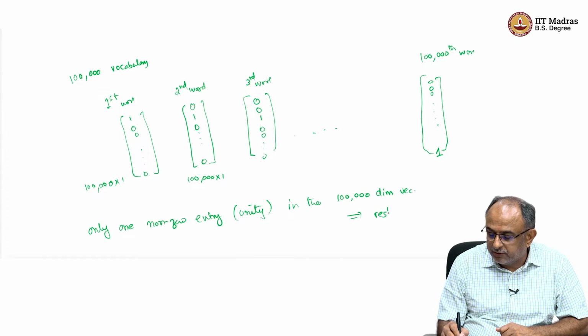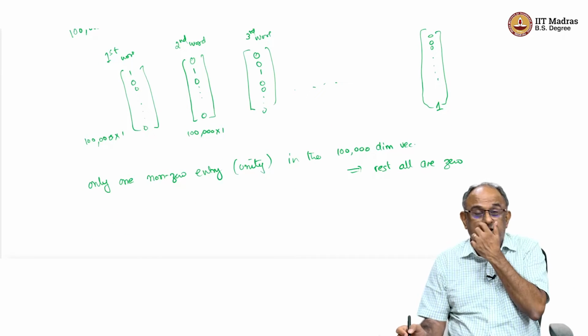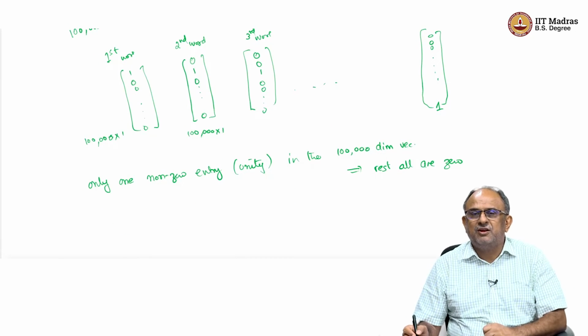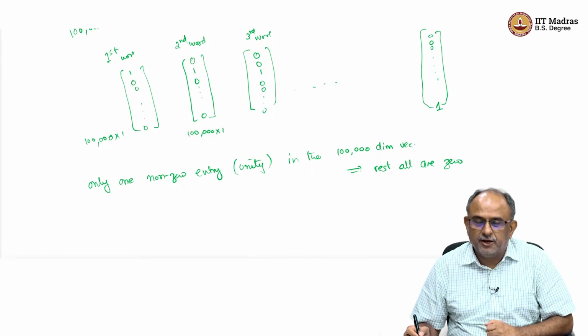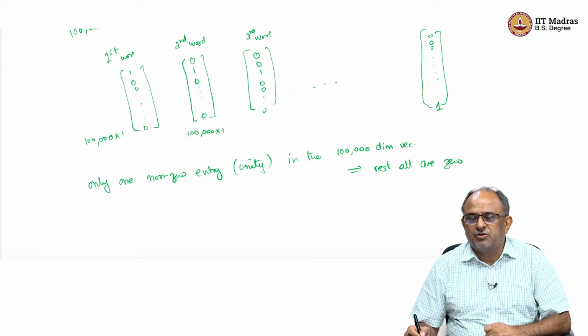The rest are all 0. It seems like simply carrying a lot of zeros and not something very useful.